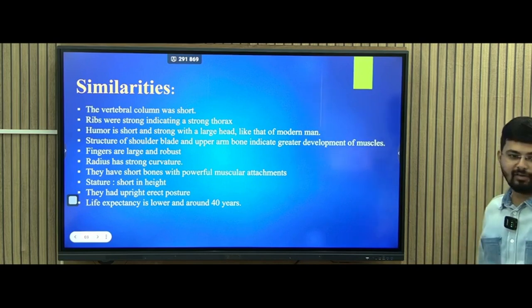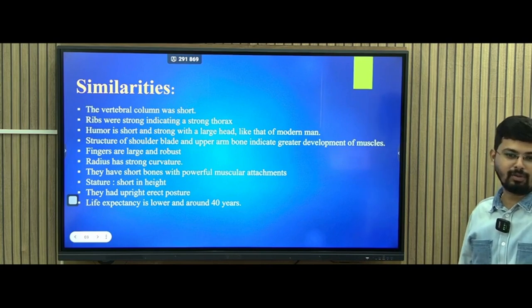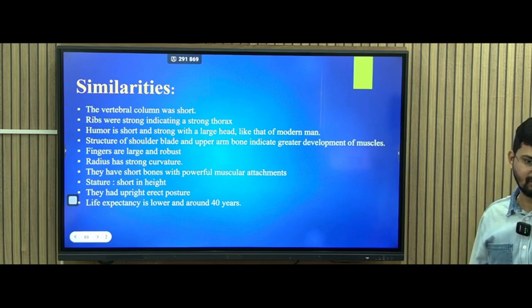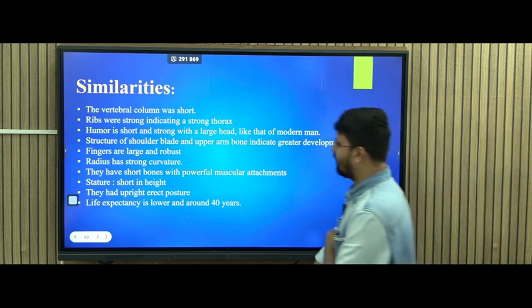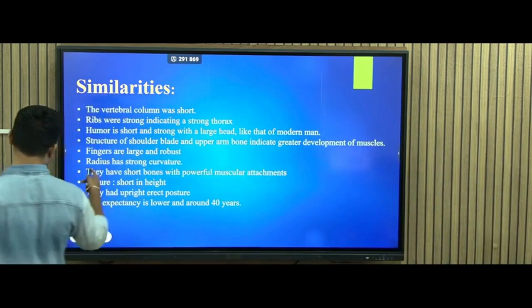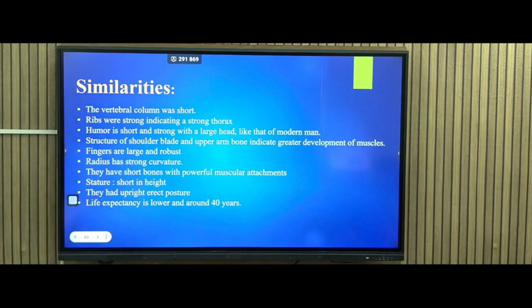I told you on day one, it is very important to know the body parts very well, right? Just go through and let me know. And then you have radius, ulna, right? See, this is with respect to radius and ulna. And then you have the bones with respect to other body parts, that is showing some similarities.